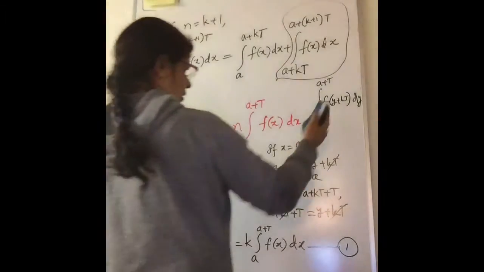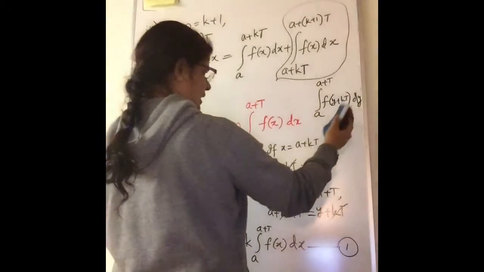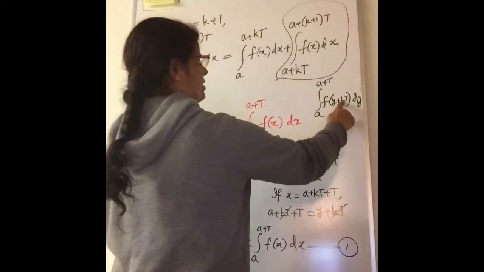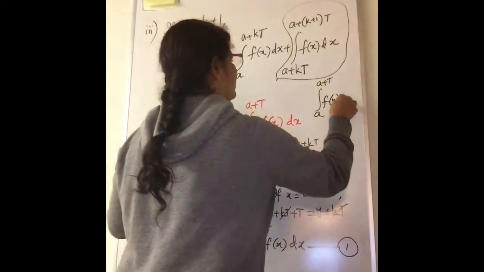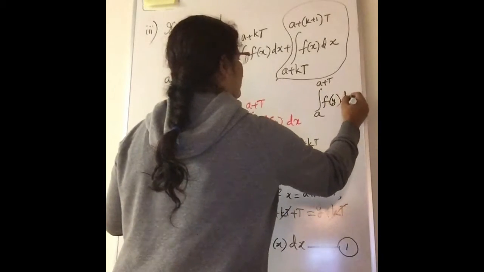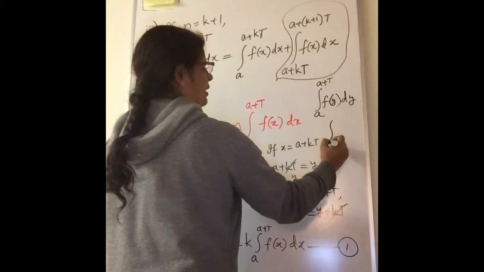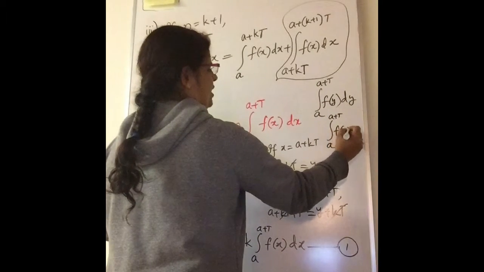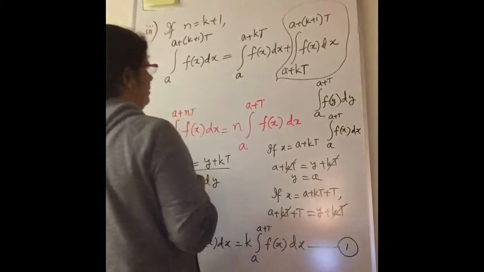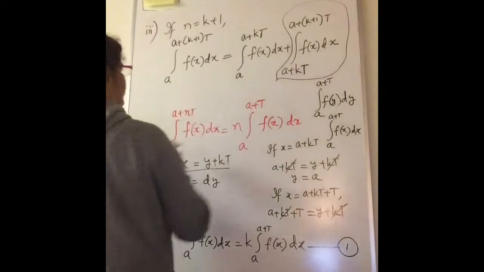And this y plus kT, it is a constant term, so you can write it as f of y dy. And you can write it as integral a to a plus T f of x dx.